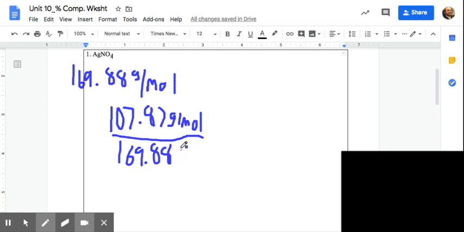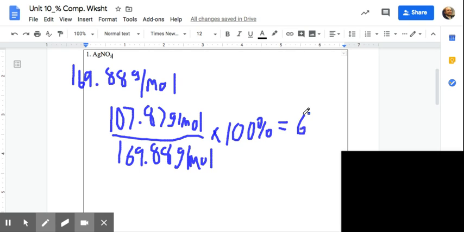And that is going to end up giving you, when you multiply it times 100%, the percent for Ag in the whole compound. When I do that math, we end up getting 63.5%.